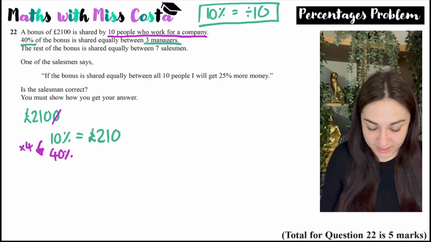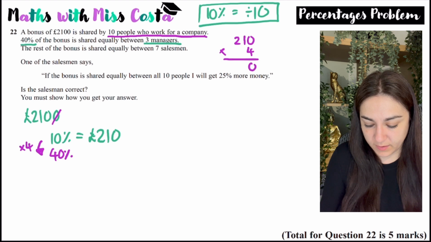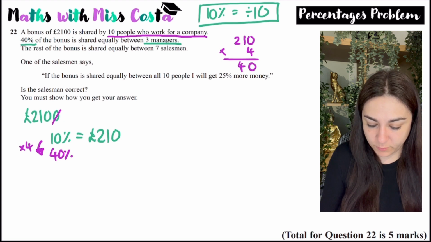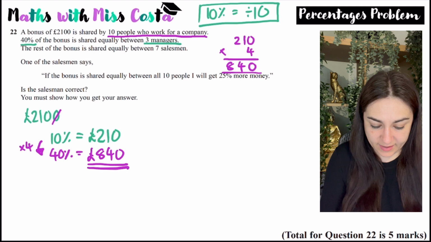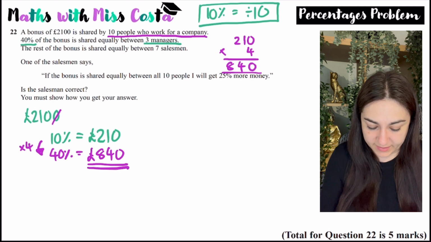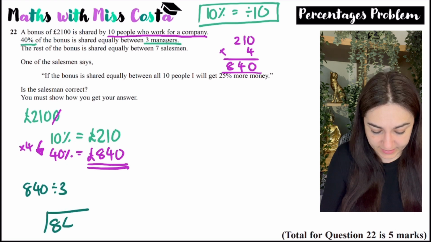40% is 4 lots of 10%, so I'm going to multiply by 4. So 210 times by 4. 4 times 0 is 0, 4 times 1 is 4, and 4 times 2 is 8. So that is 840. So I know that 840 is shared equally between 3 managers. So what I can then do is do 840 divided by 3.